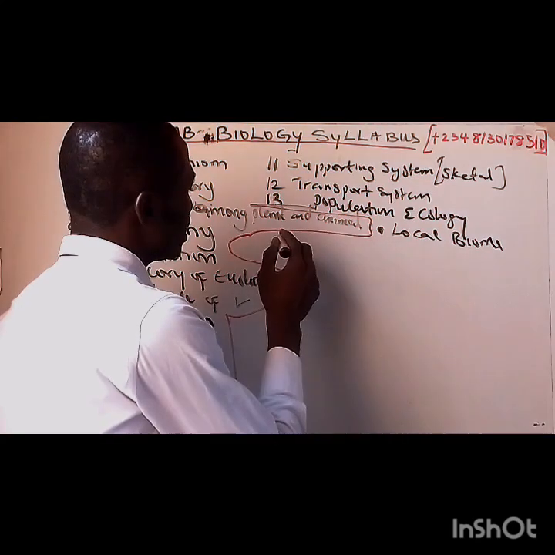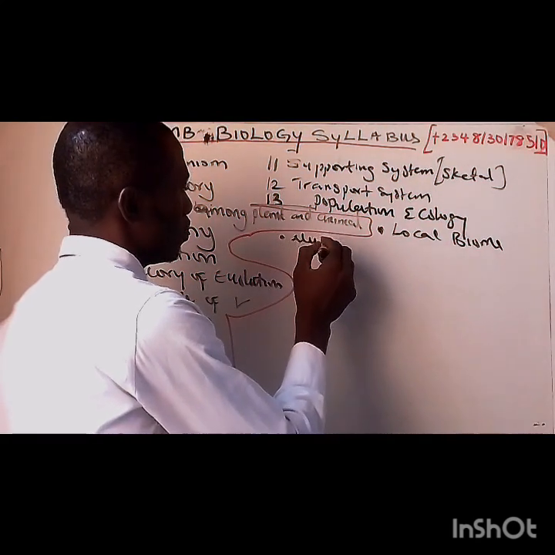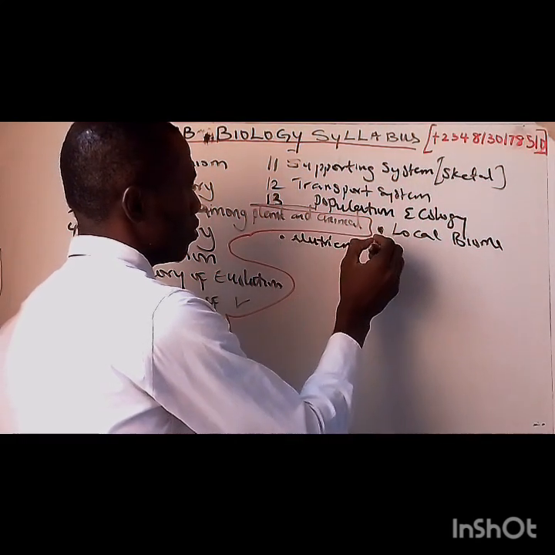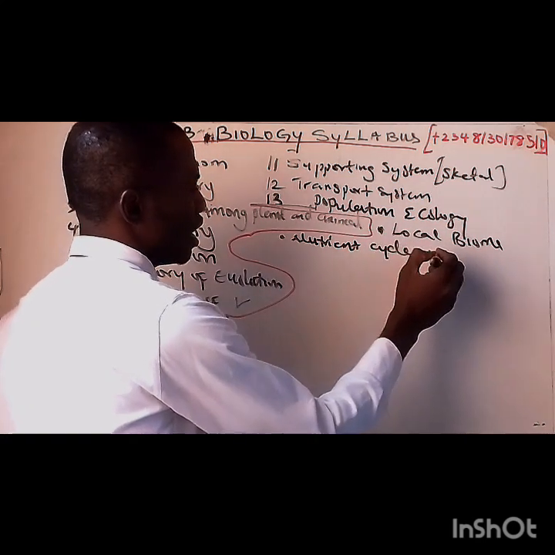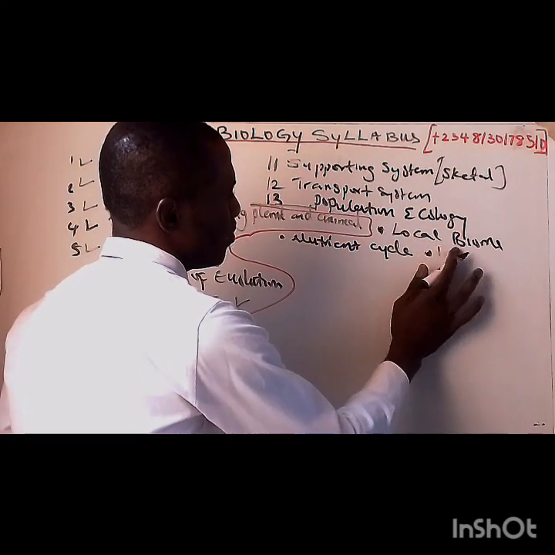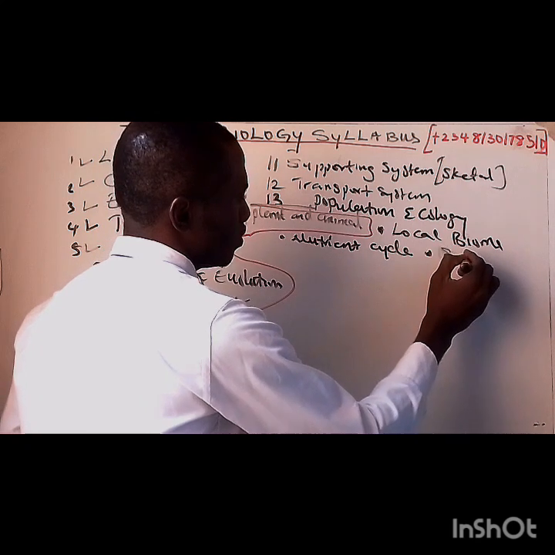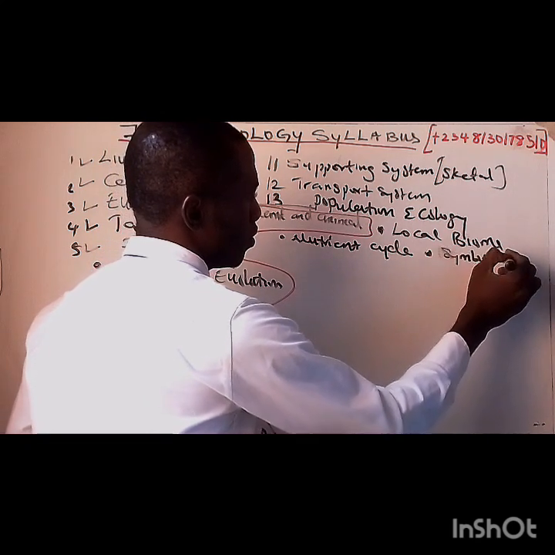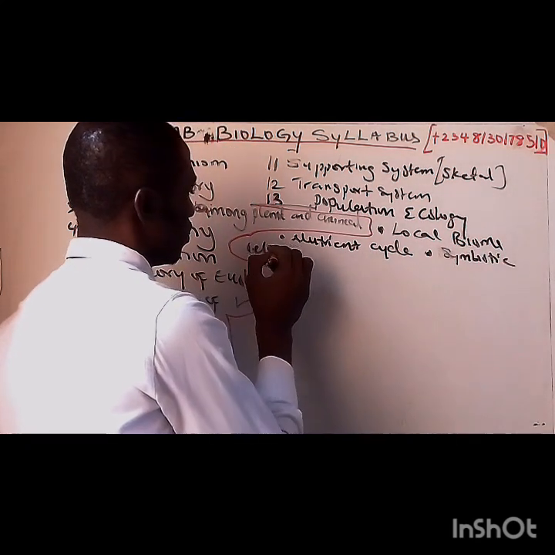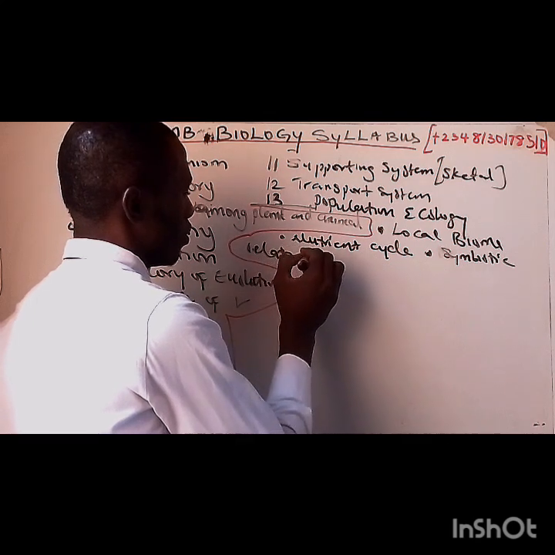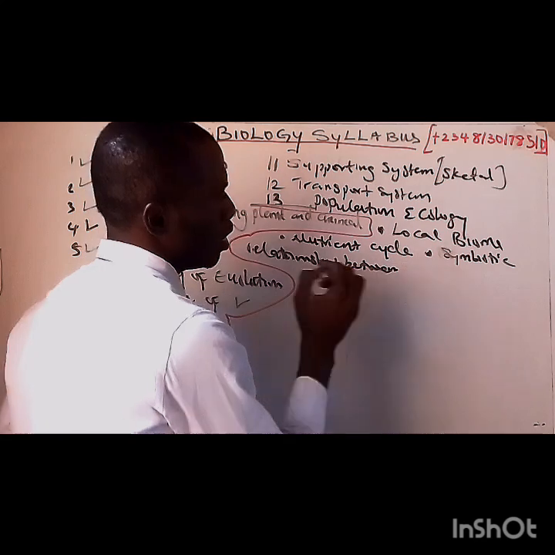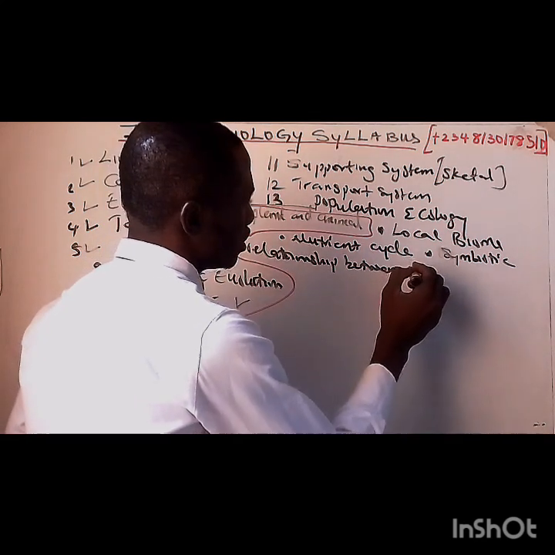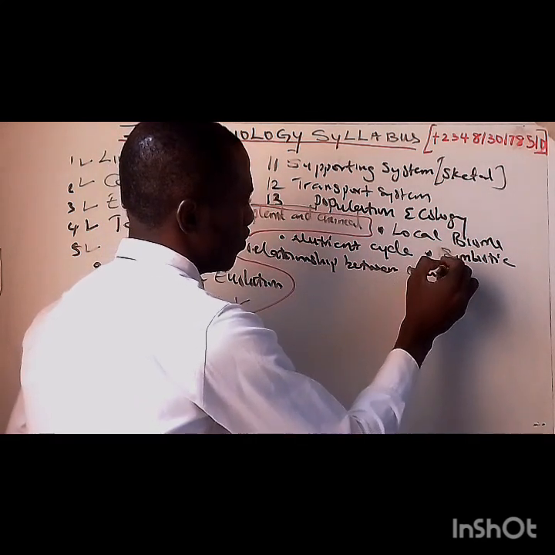We talk about the nutrient cycle. We talk about, let me put a hyphen, the interaction, symbiotic relationship between organisms, or plants and animals.